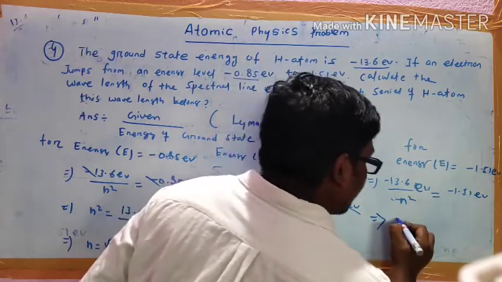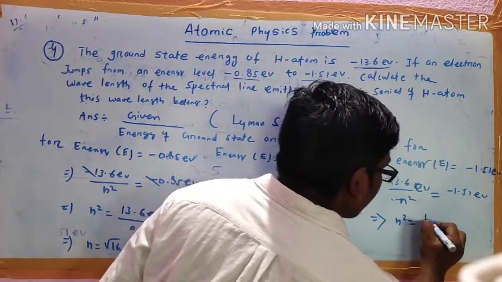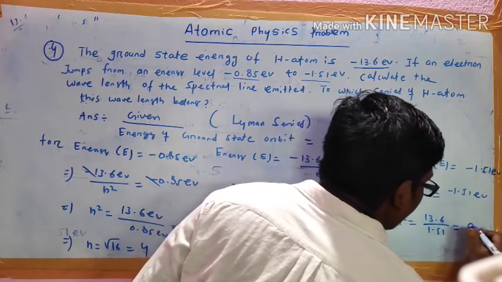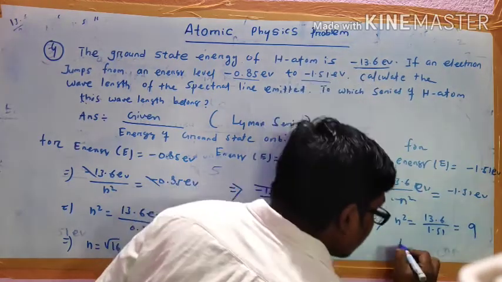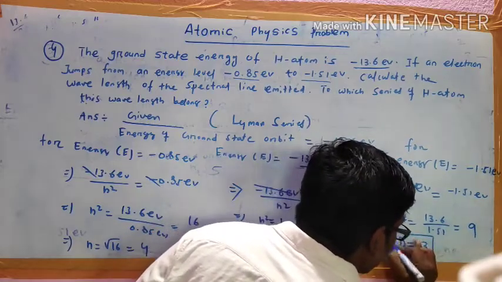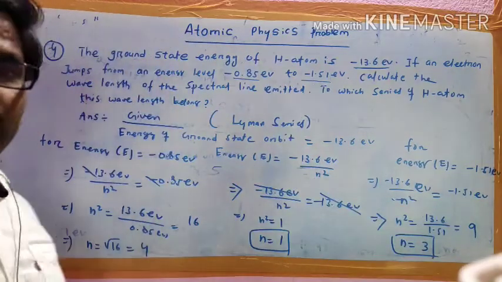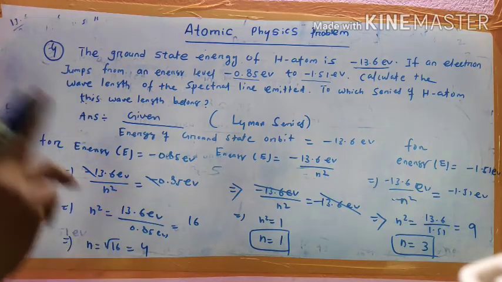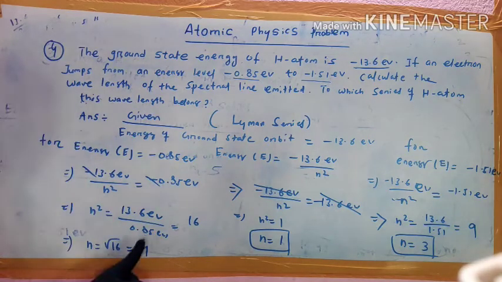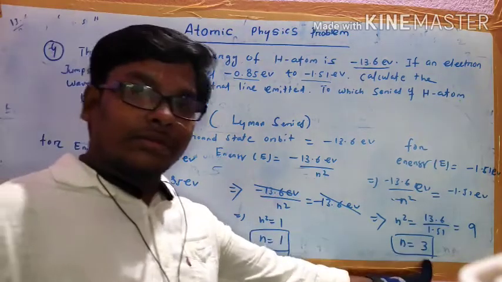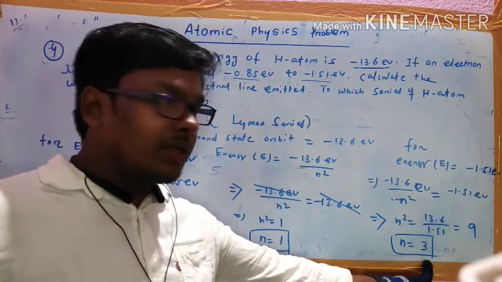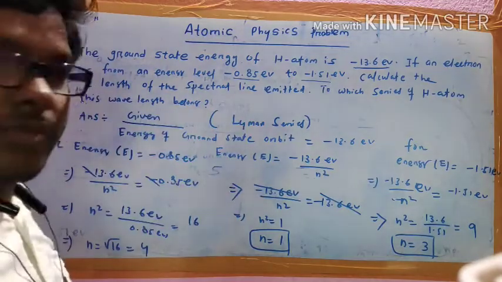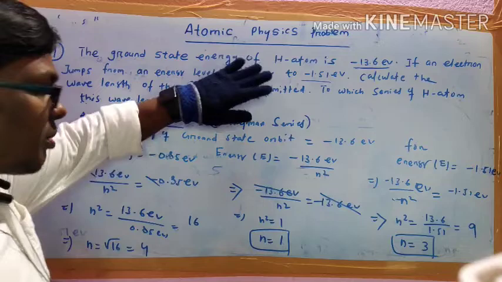This gives n square equal to 13.6 by 1.51, which equals 9. So n is equal to 3. Okay, this means this transition takes place from fourth orbit to third orbit. Then we need to calculate the wavelength. I am erasing this part.